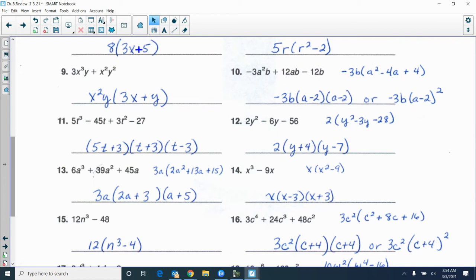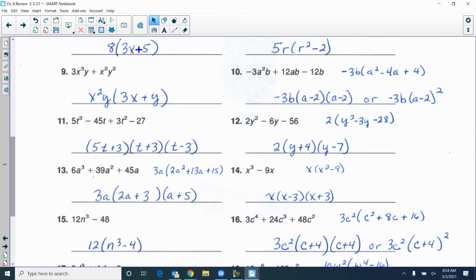And now I group. I got four terms, so I can group them. I'll get 2a here, and I have a plus 5. And then 3 here, plus 3, a plus 5.